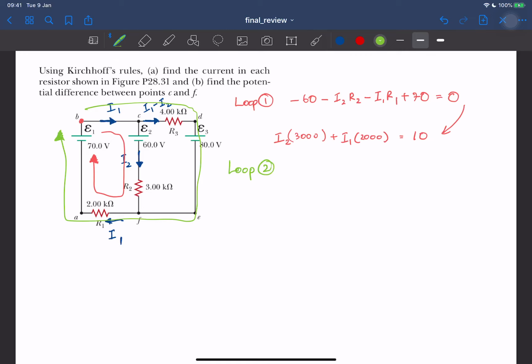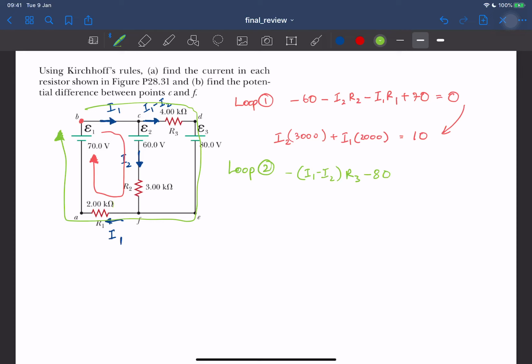Loop number 2, starting from here, again, I1 is not going across any resistor, so it's fine. So the first resistor we go through is R3. So it's going to be minus the current, which is I1 minus I2, times R3. And then going against that battery, which is 80, so minus 80.